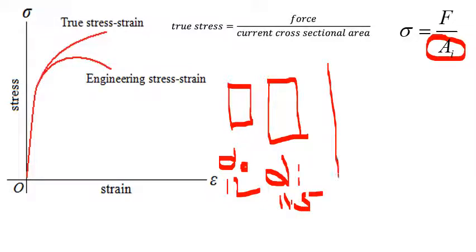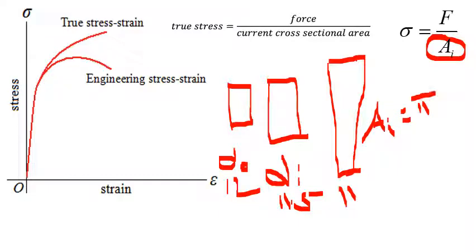Again, once the length increases, the diameter decreases, maybe to 11. Like that, Ai will be calculated at each point as pi di square divided by 4, because it's a cylindrical specimen. For each point we calculate the instantaneous area, and by putting this in we get sigma.